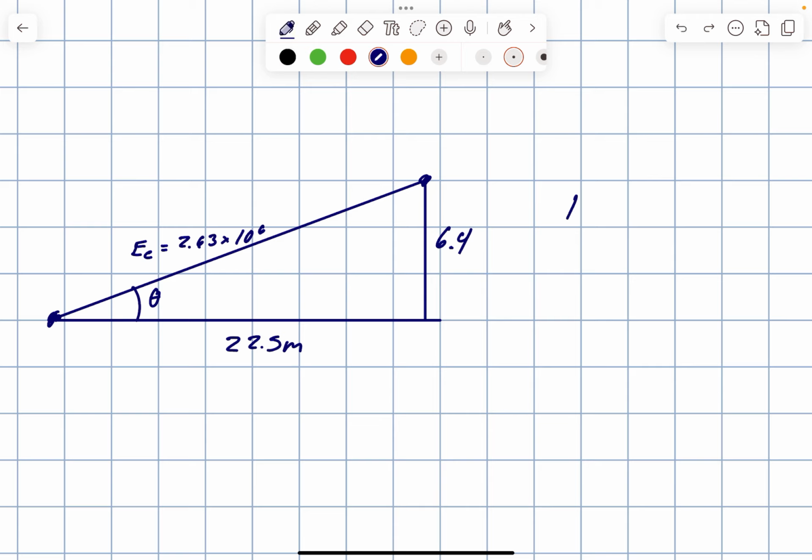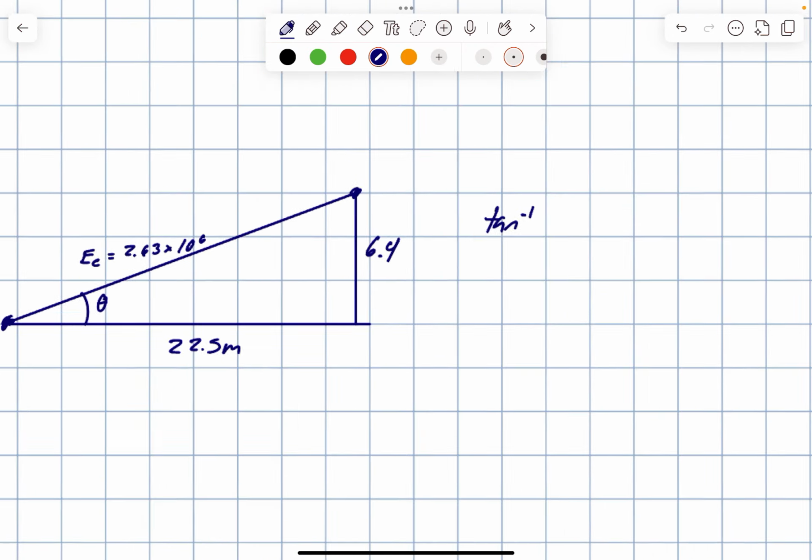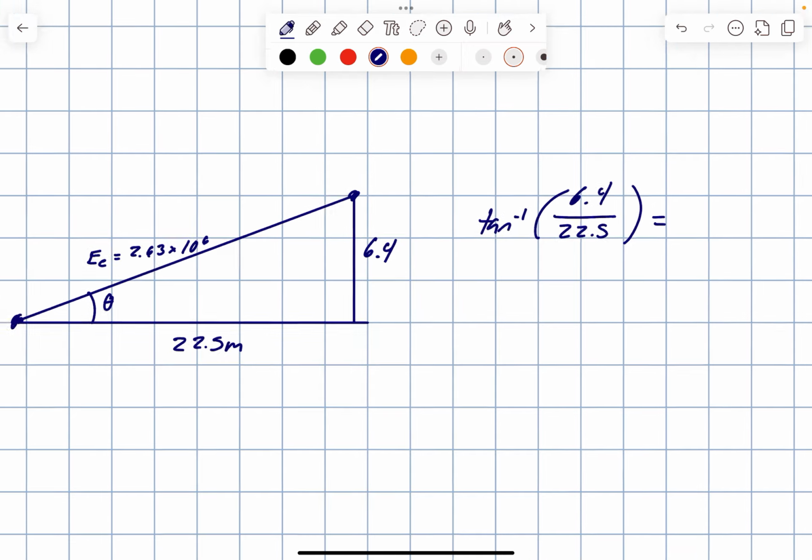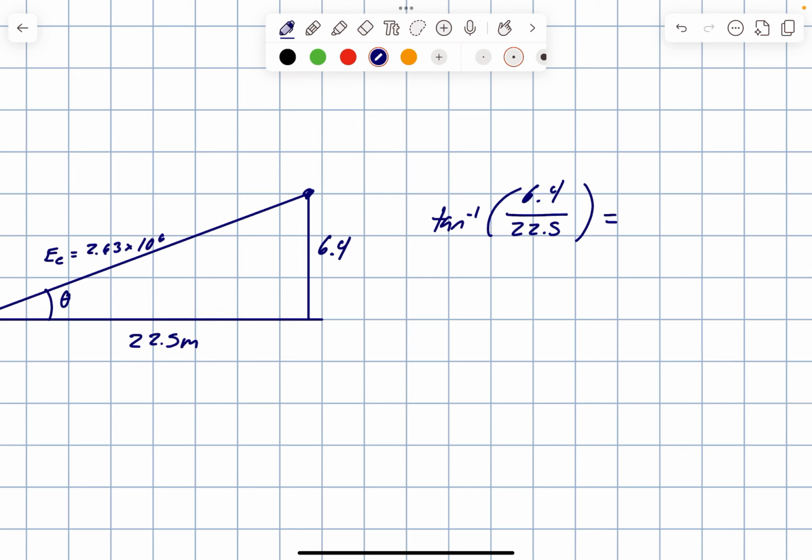So inverse tan of 6.4 over 22.5, you should get an angle degree of 15.9. Okay.